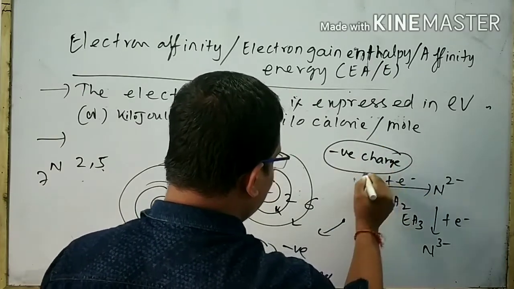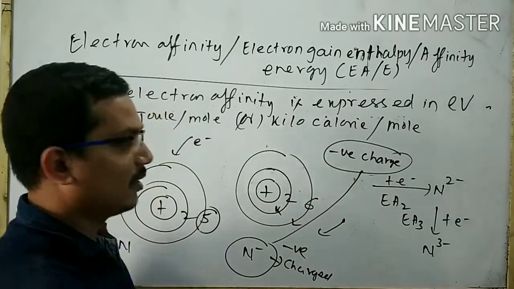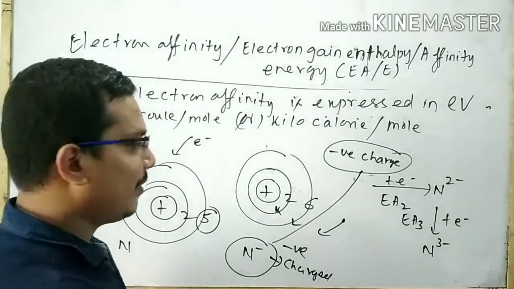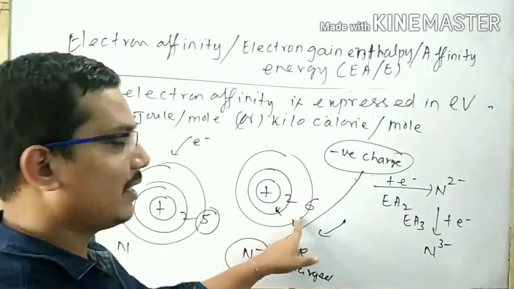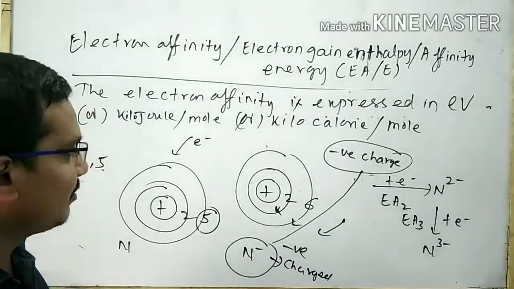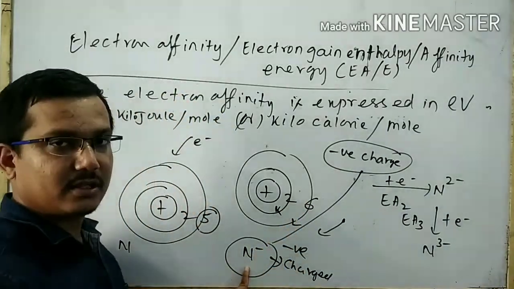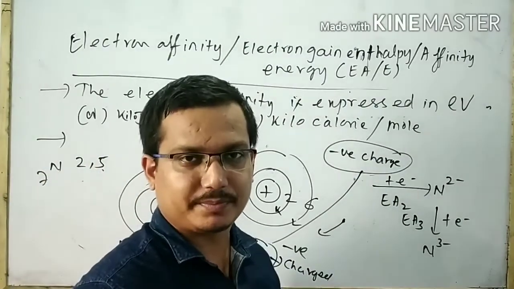That means there is a repulsion between N minus and the electron. As a result, it is very difficult to add an electron in the L shell in this case. It is very difficult to add the second electron to N minus because N minus is already a charged species.